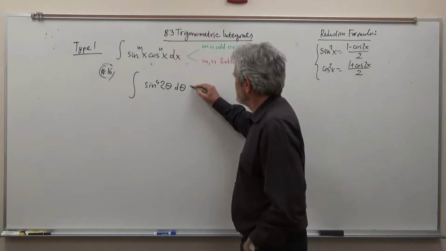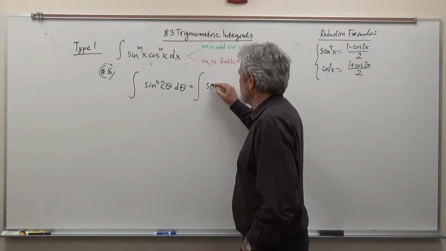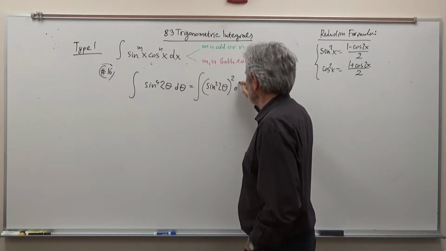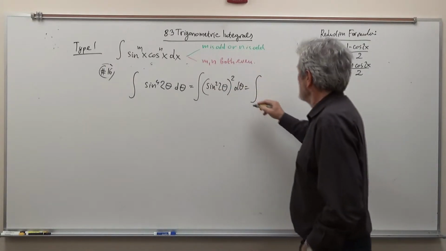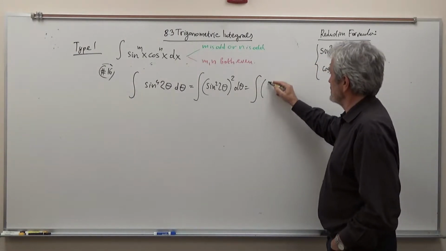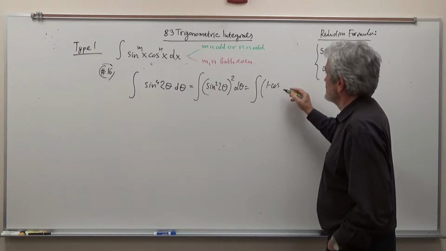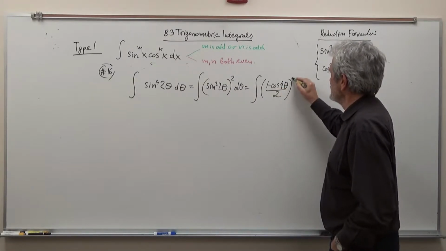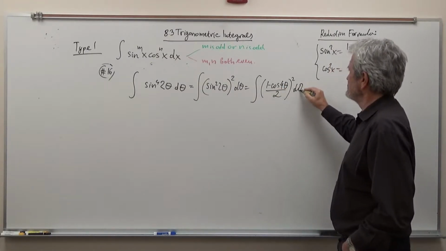So what would that be? It will be integral of sine squared 2 theta, and then squared again, d theta. Then we trade, but be careful, my x is 2 theta, so that would be 1 minus cosine 4 theta over 2, and then square d theta.